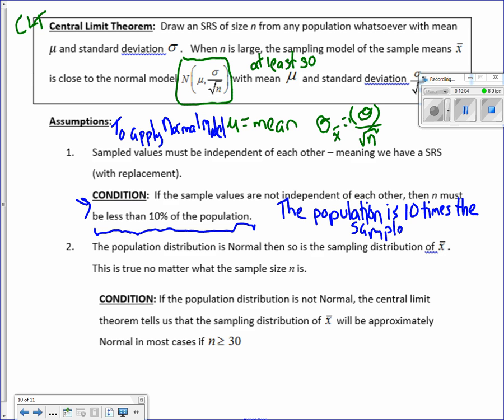A lot of times this is the part we're just going to have to assume because you're not going to know if it is or it's not. So that's saying that the sample is small enough, just like we had mentioned before.